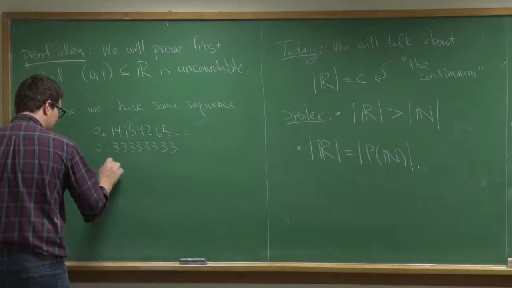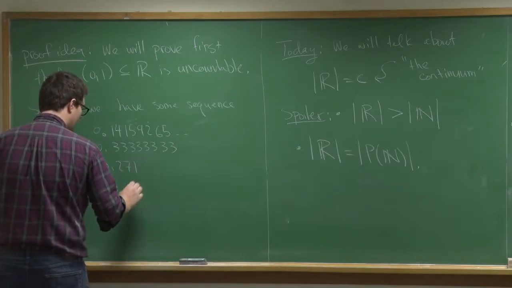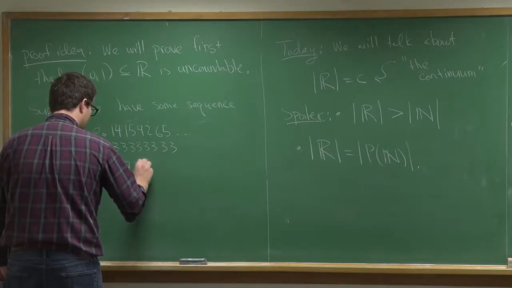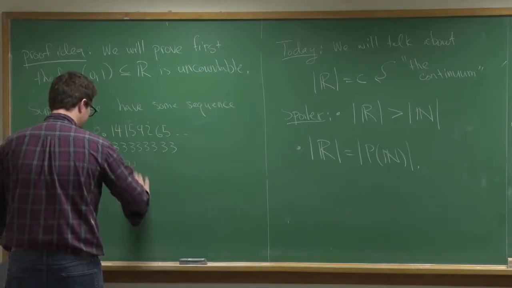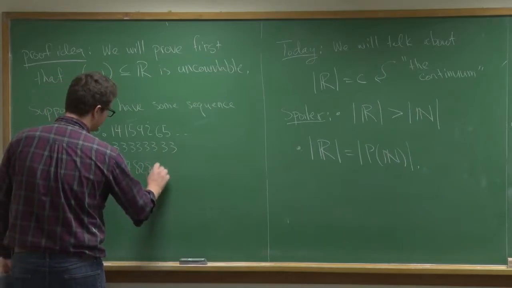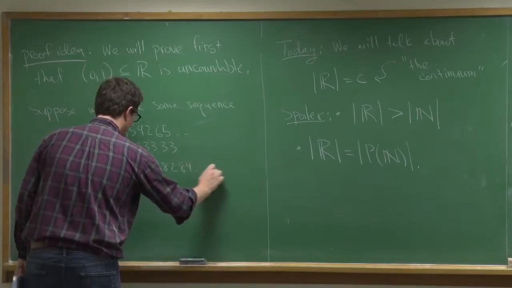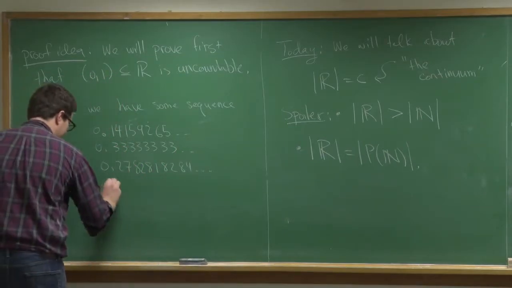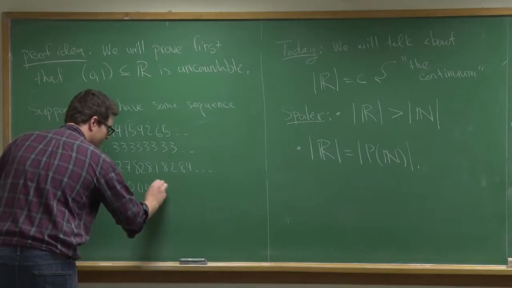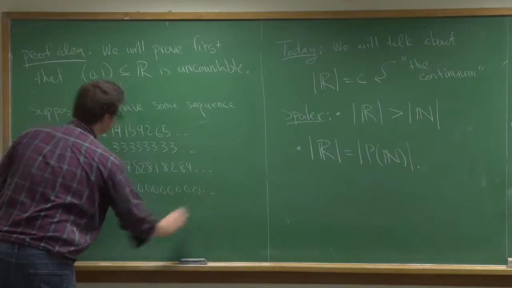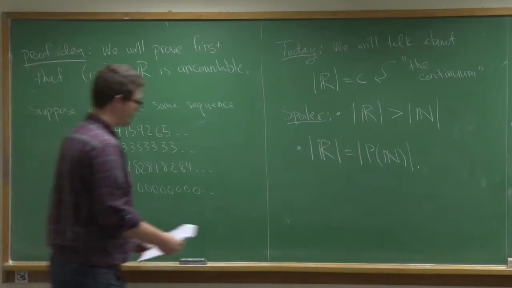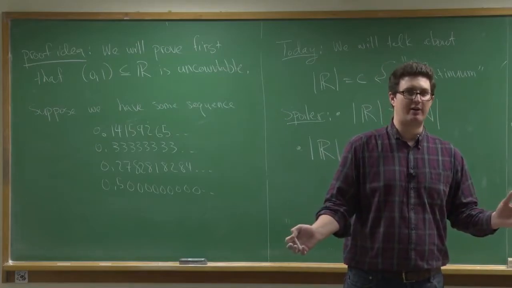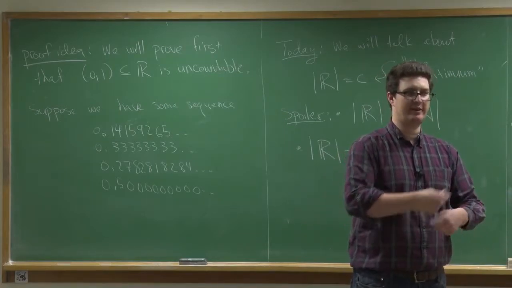Or you could do e, 2.7182, 8182. Then we could throw in some other numbers like 0.5, 0, 0, 0, 0. Someone comes up to me and says they have a list like this. They say, I counted. Here's my list. I've counted all the real numbers in between 0 and 1, and I produced it.